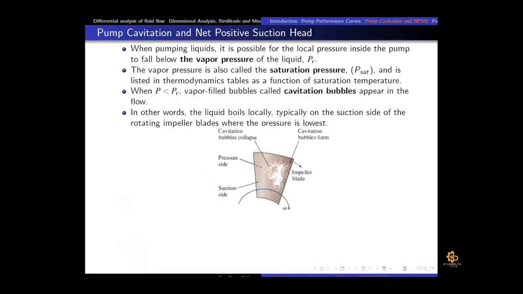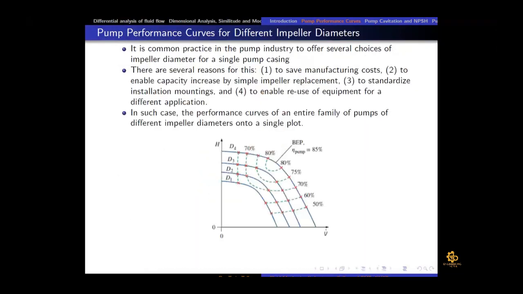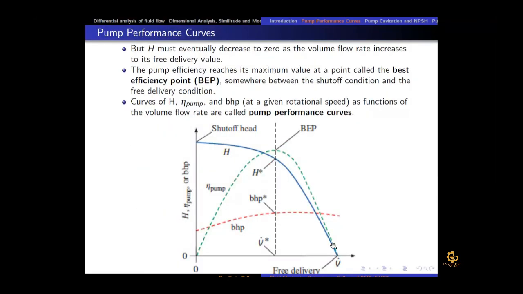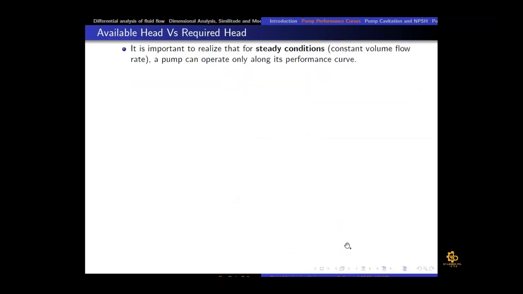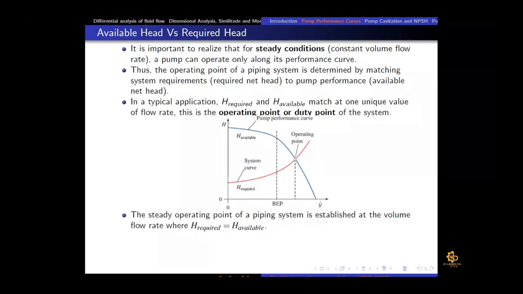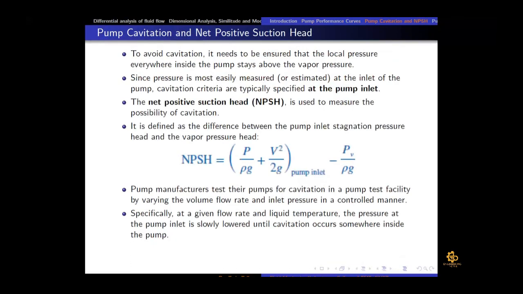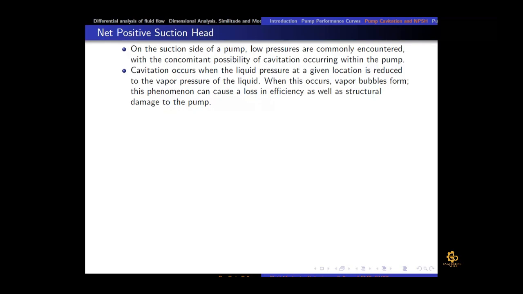Let me show you again here. This is the free delivery point, which is the maximum volume flow rate possible for that pump. If it operates after this point, it wouldn't be giving any net pressure head to the system. It is acting like an additional resistance to the piping system, so it has no use in a practical sense. Right, I hope this point is clear.